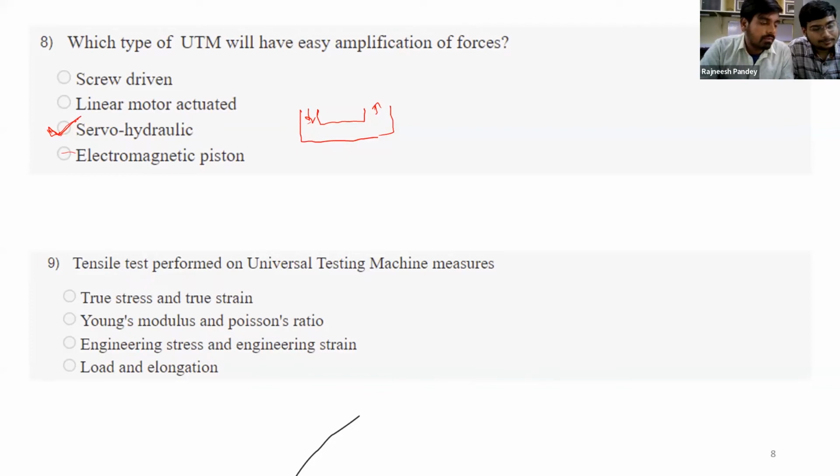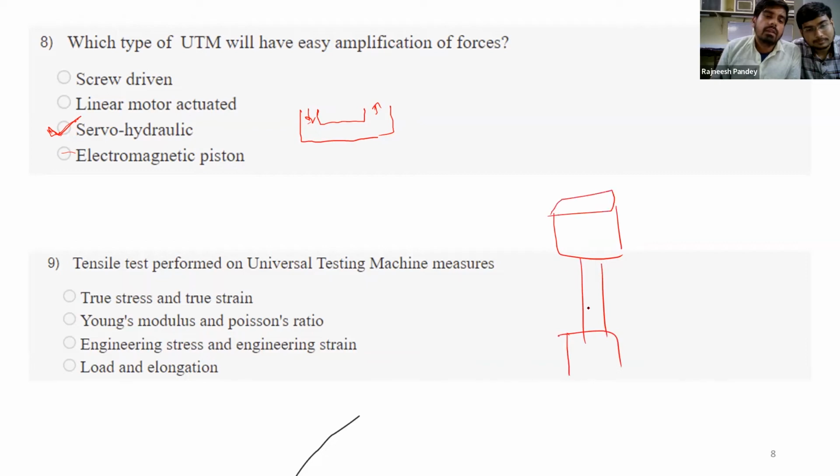Yes. Actually, first we need to discuss what the parameters are that we get from the UTM stress strain curve. So basically, UTM is a machine that gives two fundamental parameters, and it gives the curve between load, that is force, versus elongation, that is delta L. Because these two parameters we directly control and get from the UTM machine.